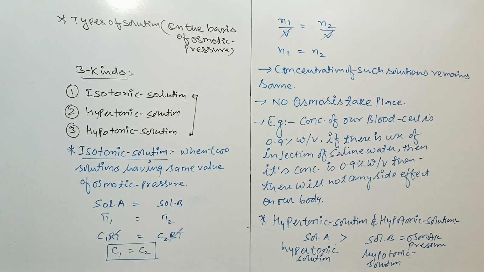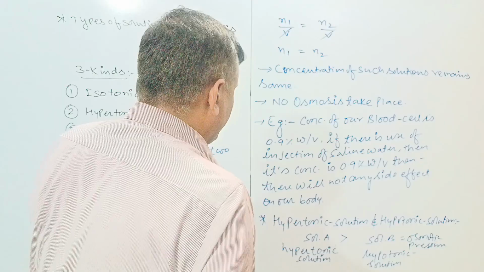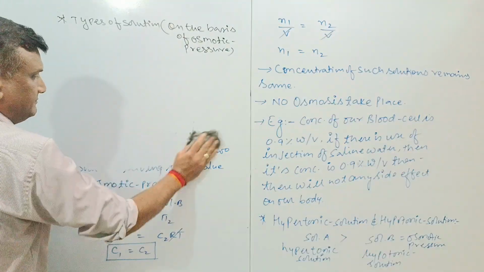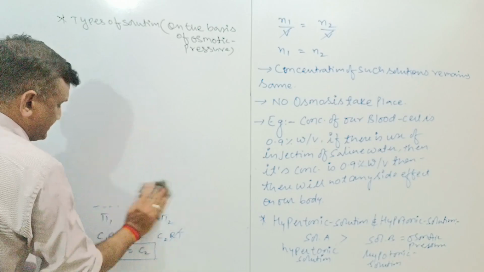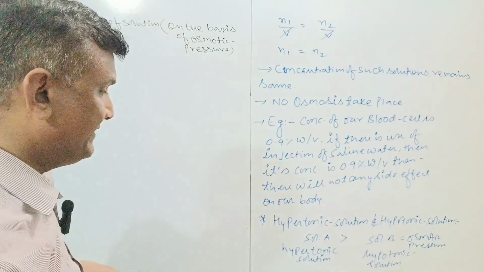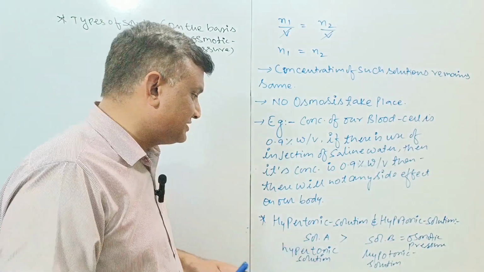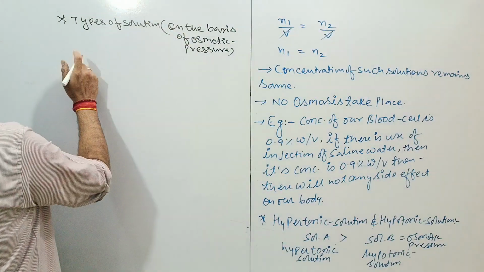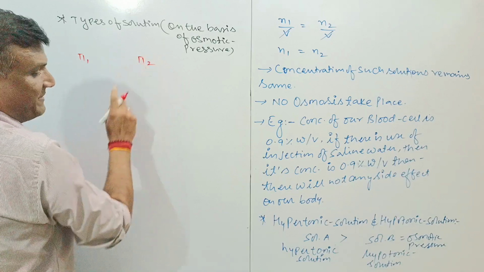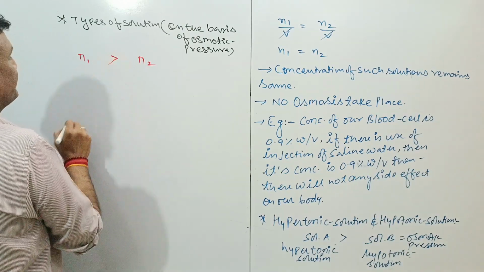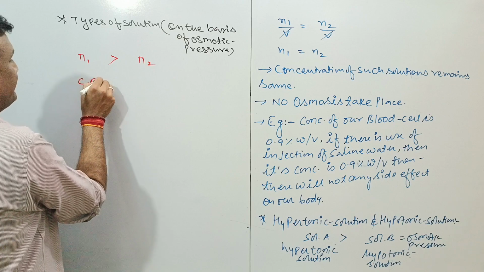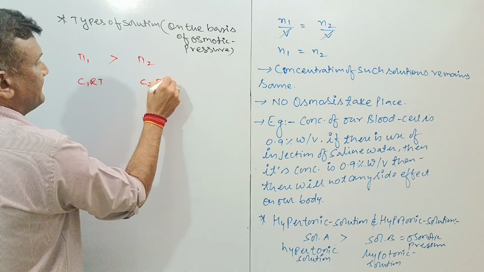Now the time to discuss hypertonic and hypotonic in depth. We are taking the basis of osmotic pressure. The osmotic pressure for solution A is pi 1 and for solution B is pi 2, and pi 1 is larger. pi 1 is C1 RT and pi 2 is C2 RT.